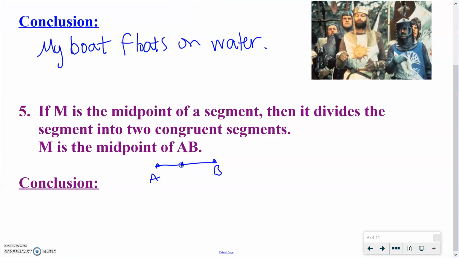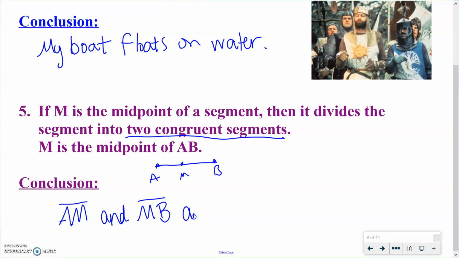And if we know that M is the midpoint and there's two congruent segments, my conclusion is AM and MB are congruent. Okay, and that's because of that if-then statement. It's the midpoint, so it's two congruent segments.